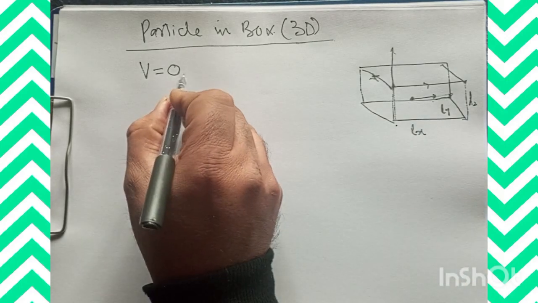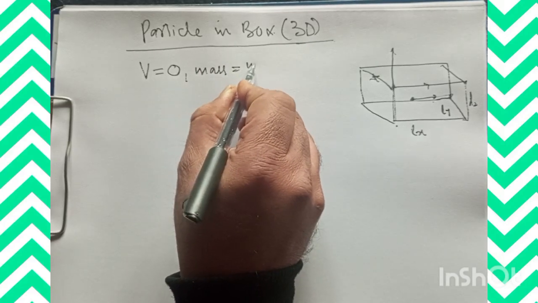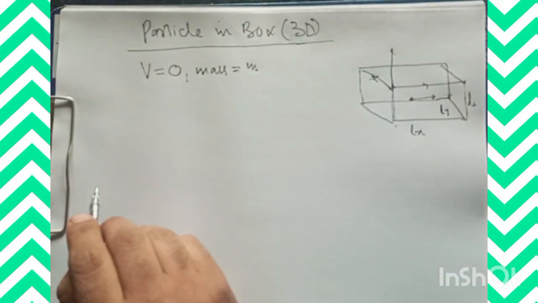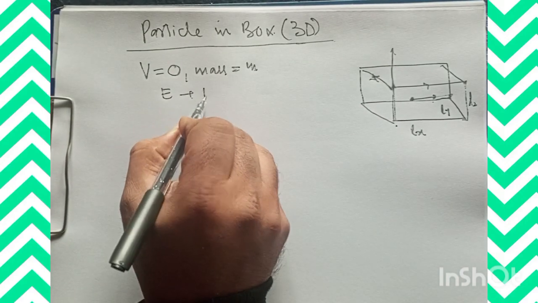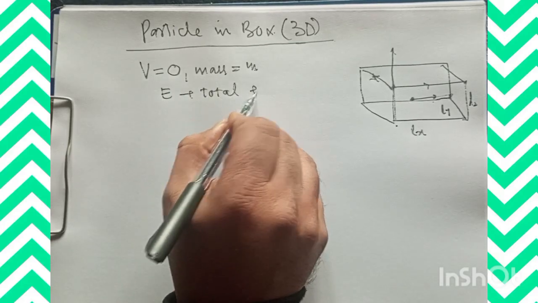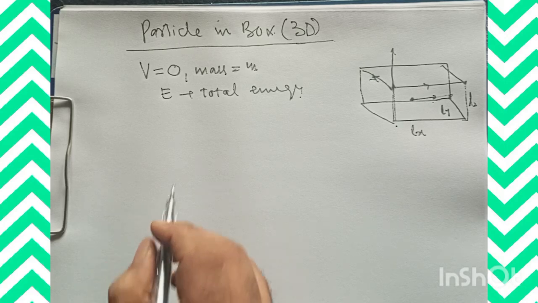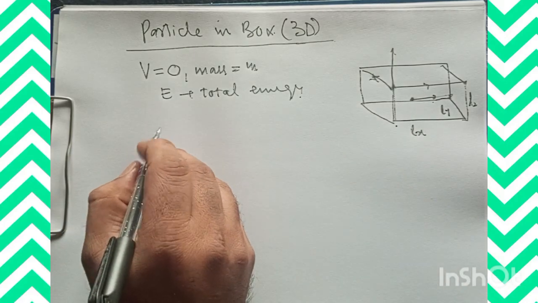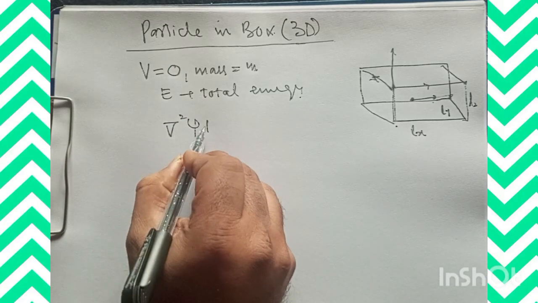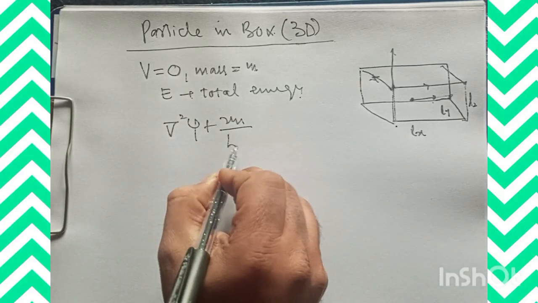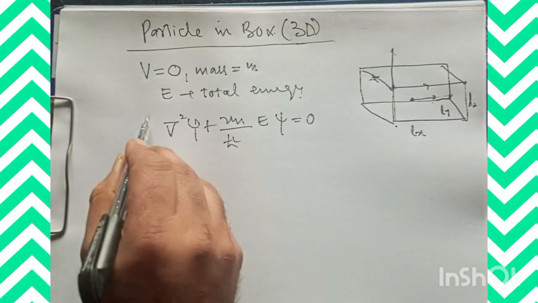Now, if I assume that the mass of this particle is m, and its total energy is E, I can immediately write down Schrodinger's wave equation for this particle, and that will be del squared psi plus 2m by h cross square E psi equals 0.